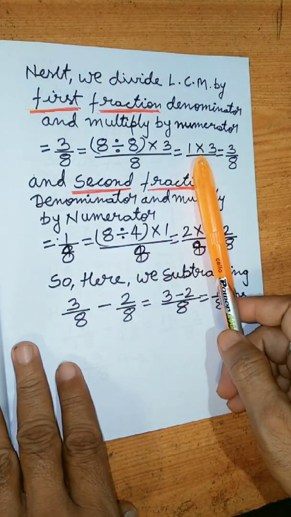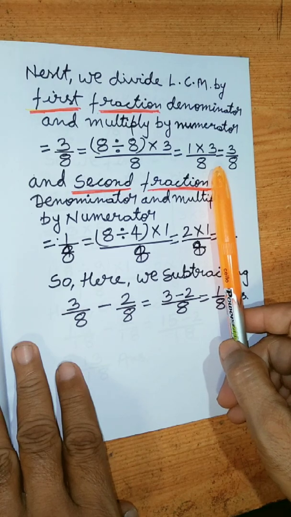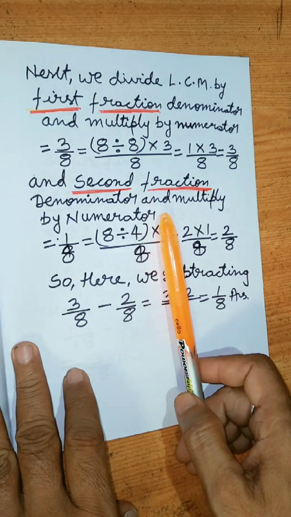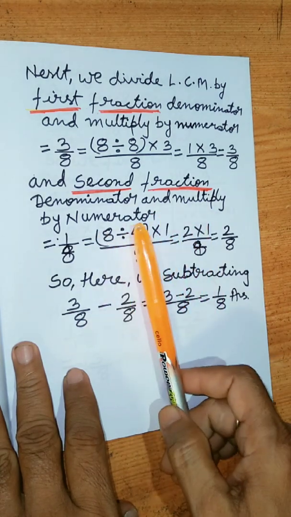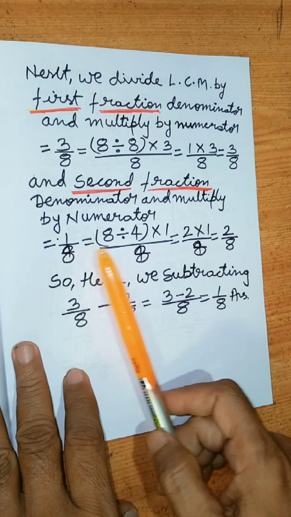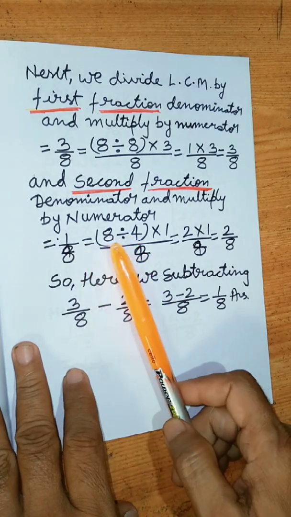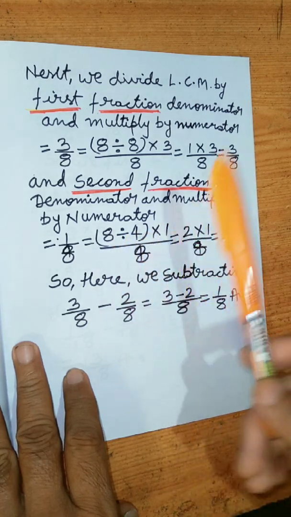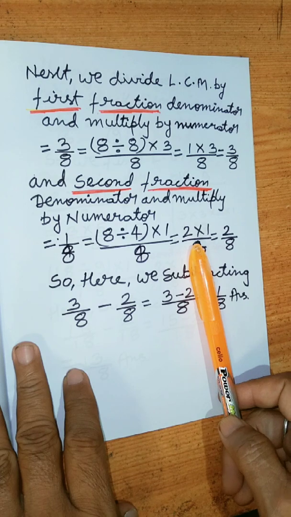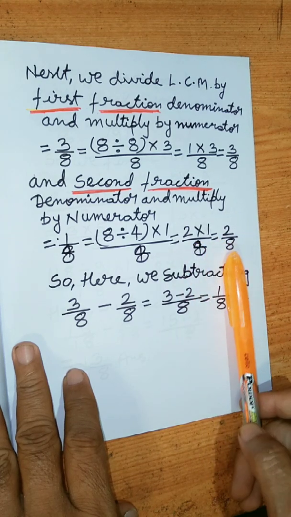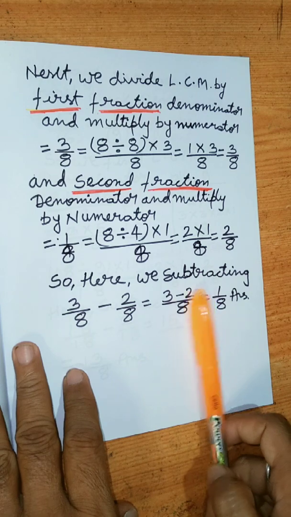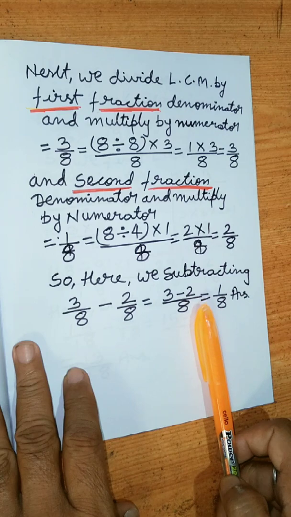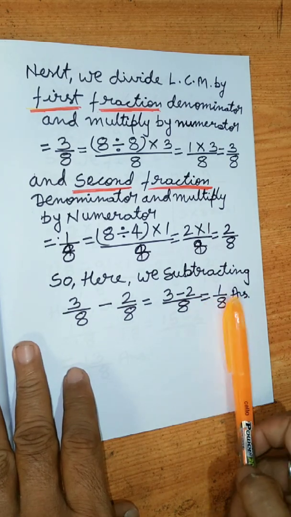For the second fraction, 1 by 4, 8 divided by 4 is 2, and 2 multiplied by 1 is 2, so 2 by 8. Now subtracting, 3 by 8 minus 2 by 8 is equal to 3 minus 2, which is 1 by 8. Answer.